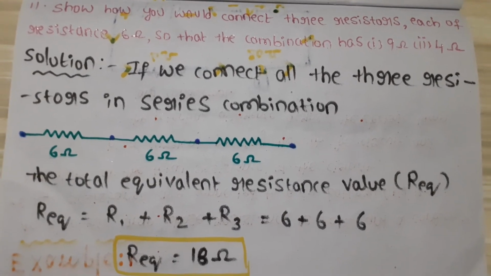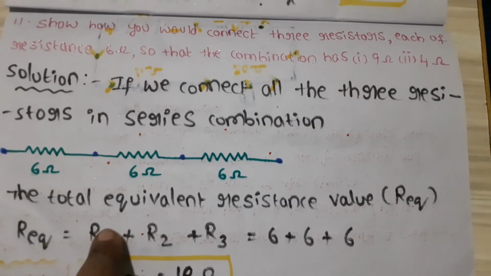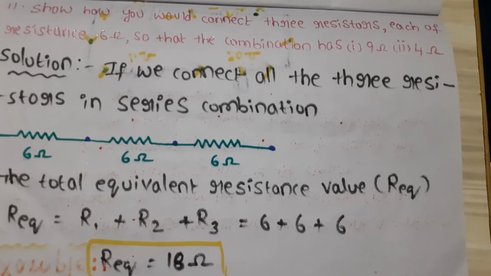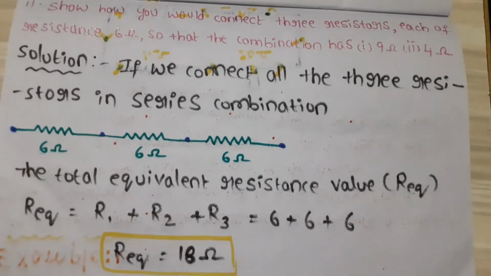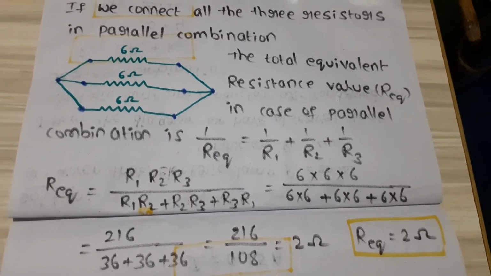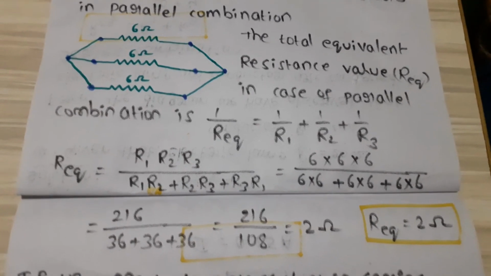Case 1, 3 resistors are connected in series combination, total equivalent resistance is R1 plus R2 plus R3, 6 plus 6 plus 6, total 18 ohms. That is the first case, 18 ohms is the total equivalent resistance. Case 2, 3 resistors are connected in parallel combination.